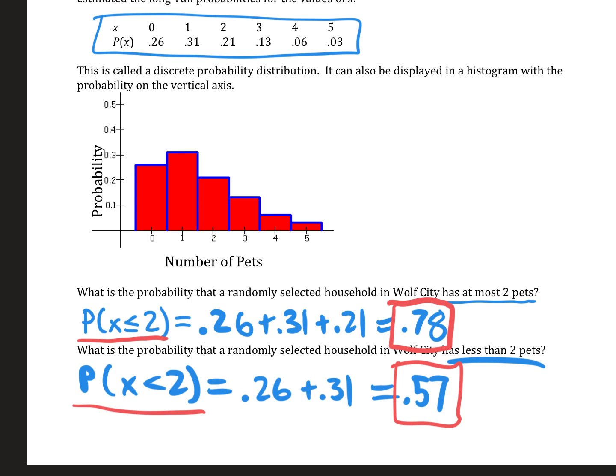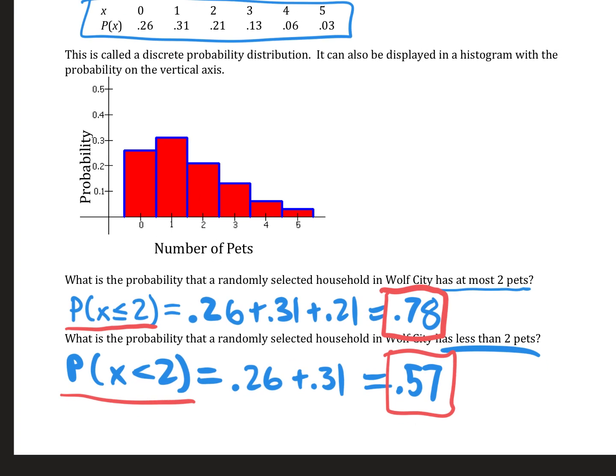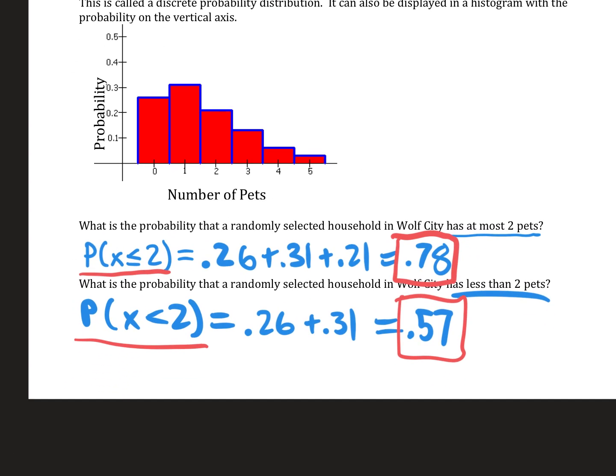And the reason is, with continuous data, you could possibly have many decimals. And so including 2 versus not including 2 is basically only including 2.0000. It's only including 2 measured to a very precise amount. And the probability that whatever x is going to equal exactly 2.000, the probability of that is basically nothing. So including that versus not including that doesn't really make a difference.